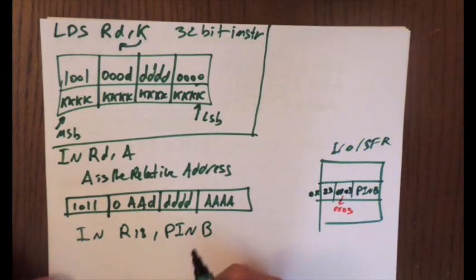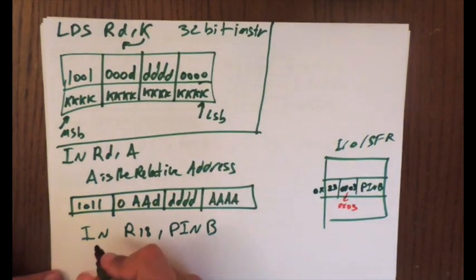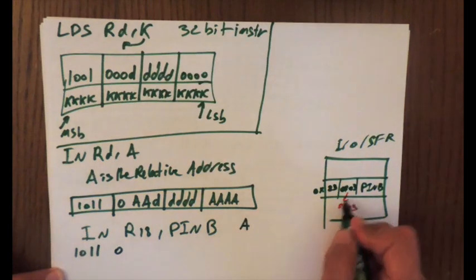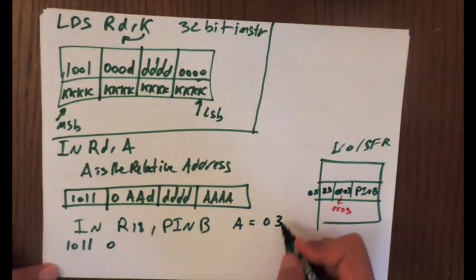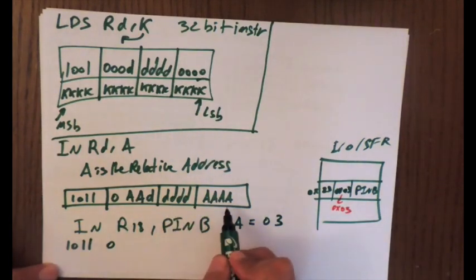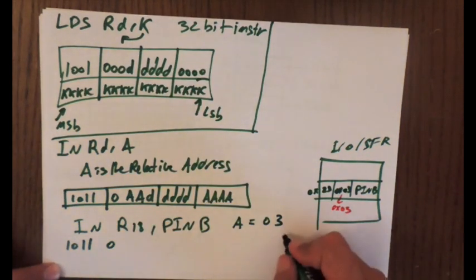Now to translate this into binary, first I place down the opcode 1011 and 0. A in this case is 03. This means I don't have 8 bits for it. I have 1, 2, 3, 4, 5, 6 bits. So I'm going to write 1, 1, 0, 0.